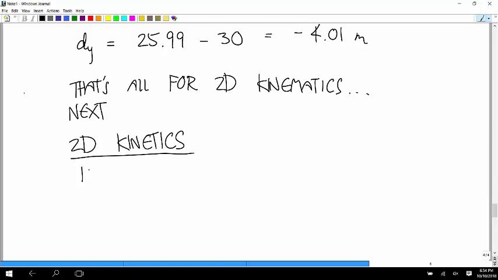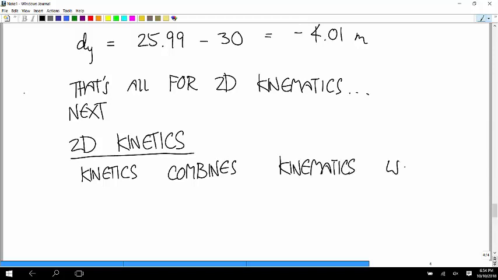And kinetics combines kinematics with causes of motion. And that's going to require us to talk about two new quantities.